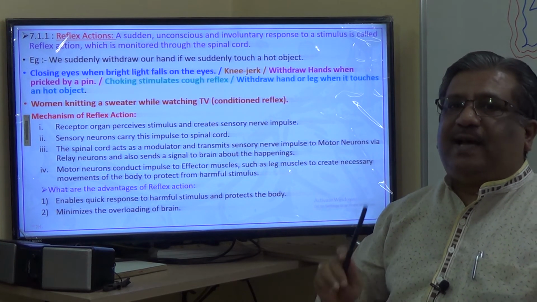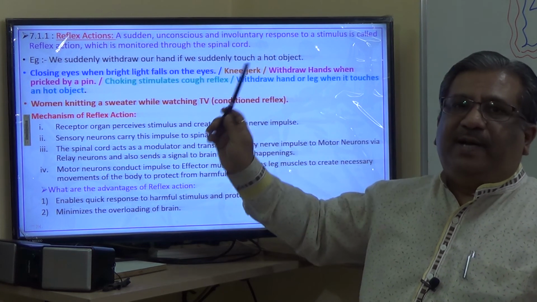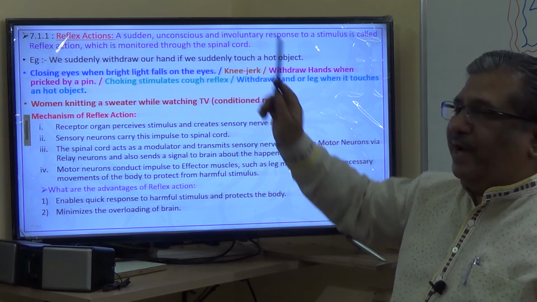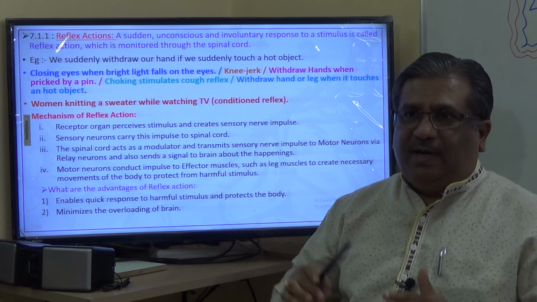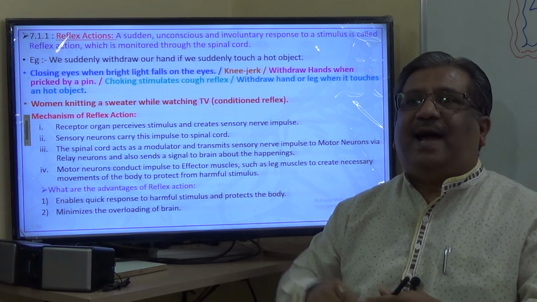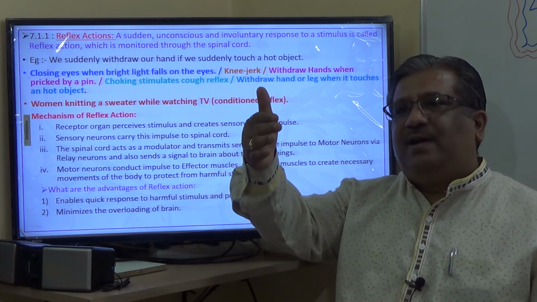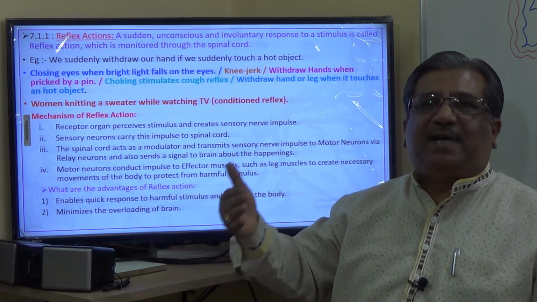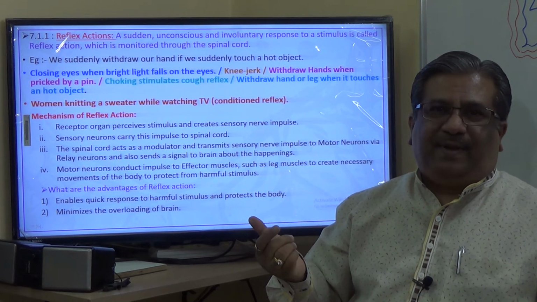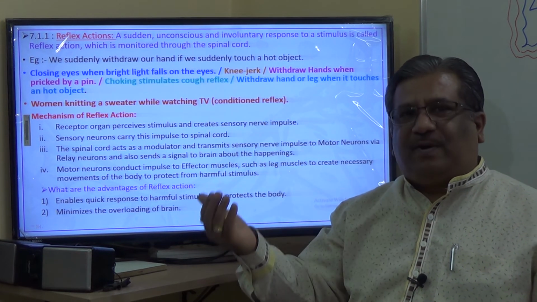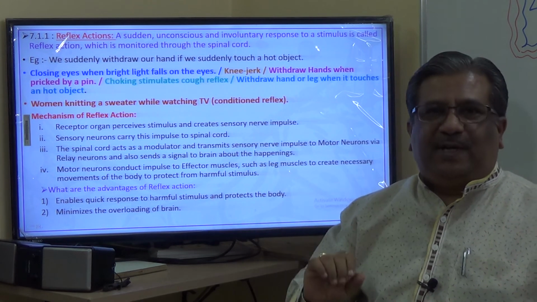See, the reflex actions are not monitored by the brain. These are monitored by the spinal cord, in which the relay neurons act like a short-circuiting neuron between the sensory neurons and motor neurons. The signals will take a shortcut. You understood? From sensory neurons to the relay neurons and to the motor neurons.